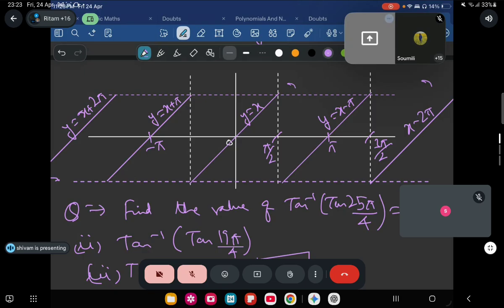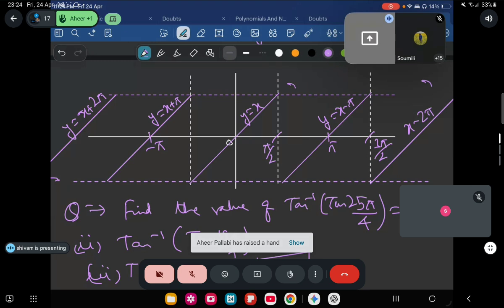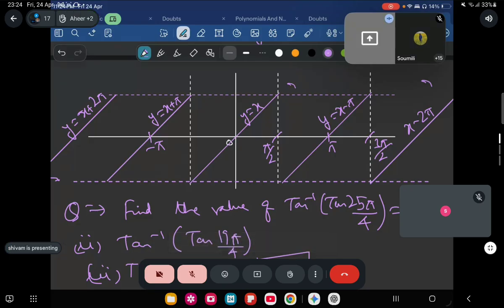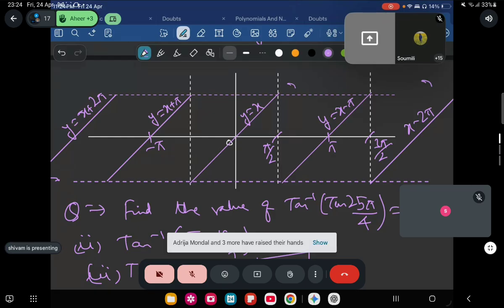Tell me, tan inverse tan of 19 pi by 4. Second part is left. Anyone tell me? Raise your hand. Only one person is raising the hand. What about others? Okay, Ahir, tell me. So 3 pi by 8.